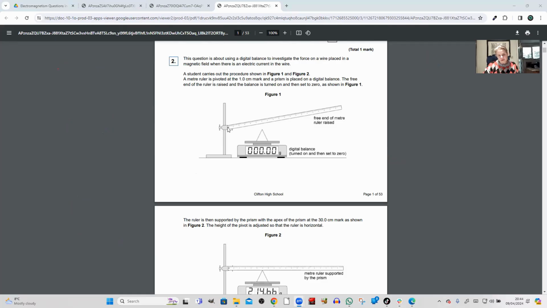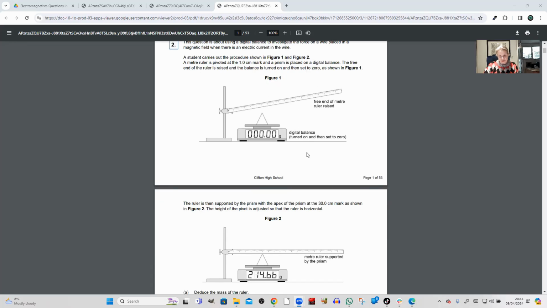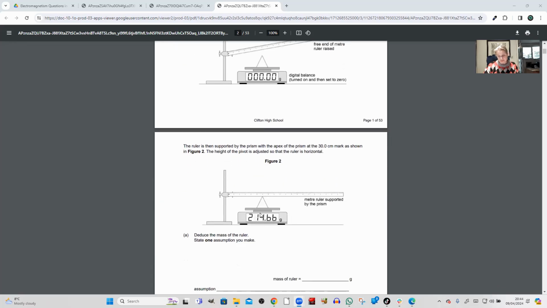Here there's a ruler, it's pivoted at that end by the clamp stand, and it's placed down gently on a prism, which is on a scale balance. So you can see the force, but it's kind of in terms of mass. So you have to convert it to kilograms first. You've got to multiply it by G in order to get the size of the force.